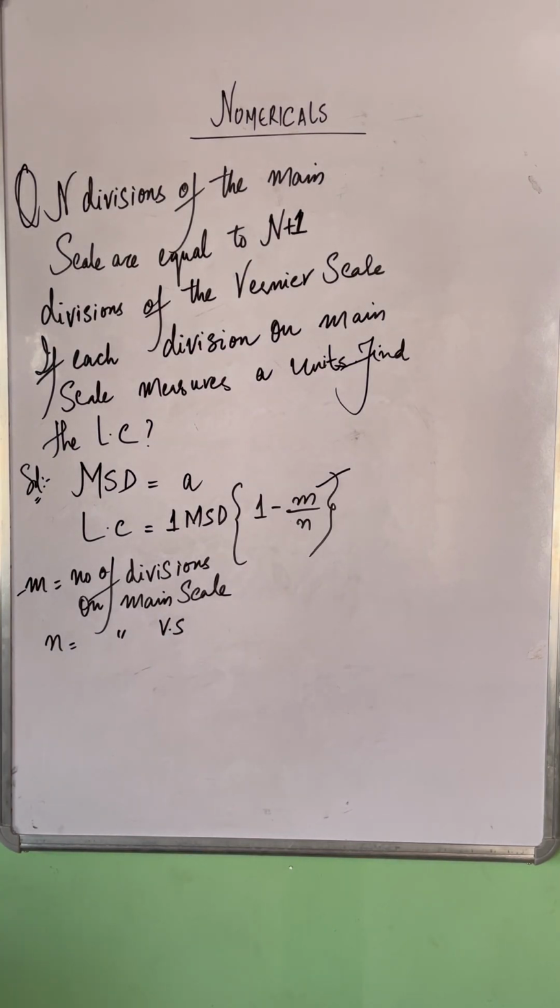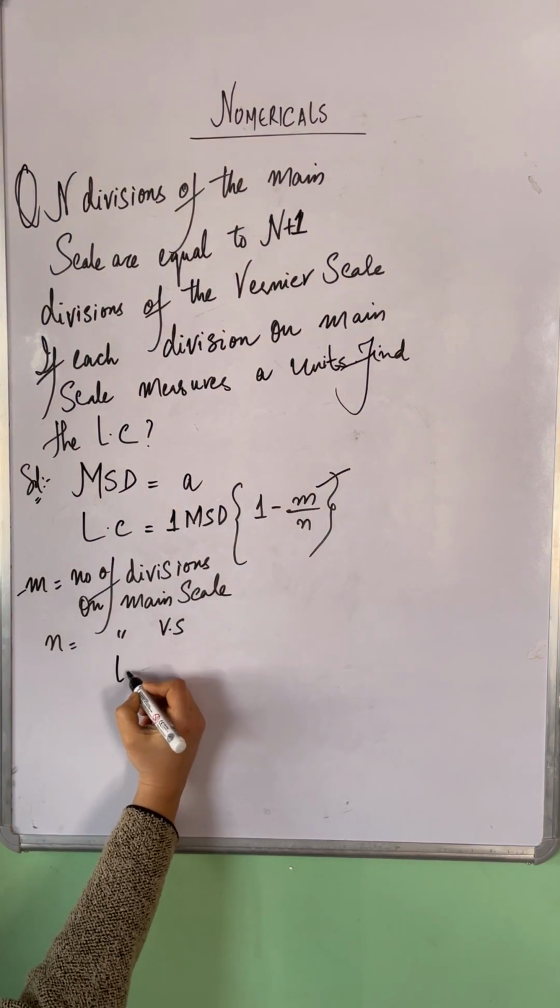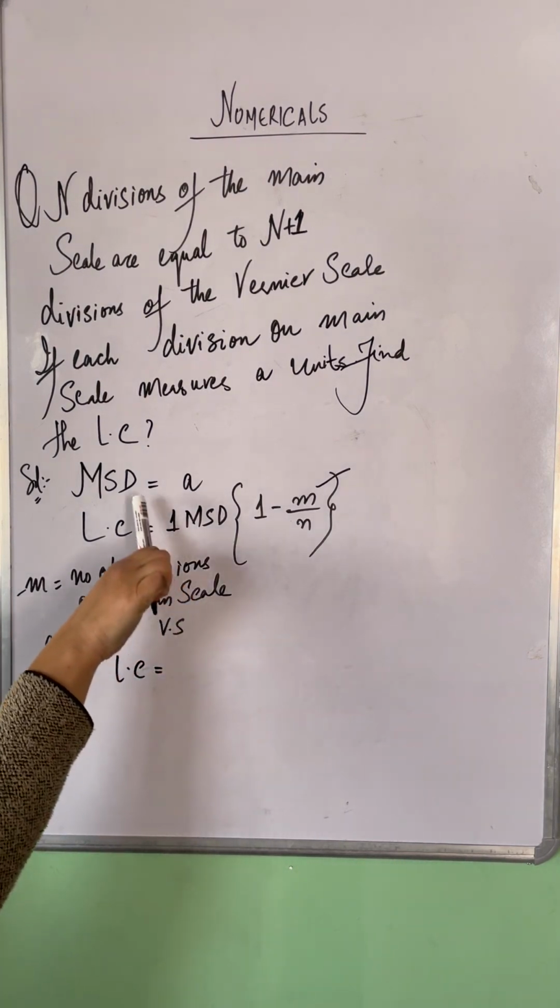So I'll try to find the least count of this vernier scale by using this formula. So let's do it. My least count is equal to, what is my 1 MSD? A.